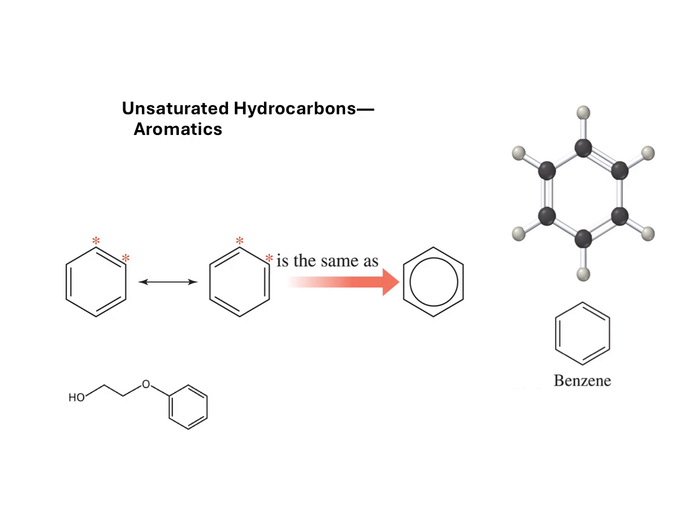Basically, as far as we're concerned, an aromatic is going to be a 6 carbon membered ring with alternating double and single bonds. So as far as we're concerned, it's a 6 carbon ring with alternating double and single bonds.